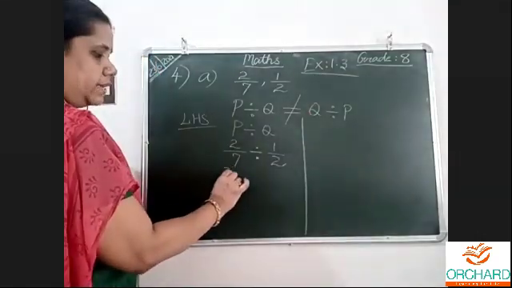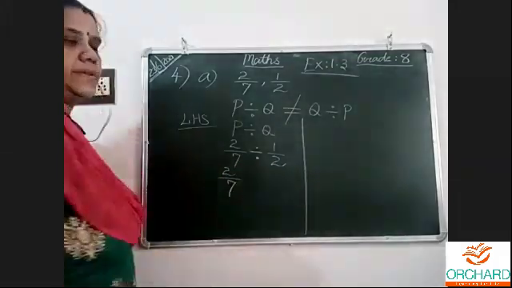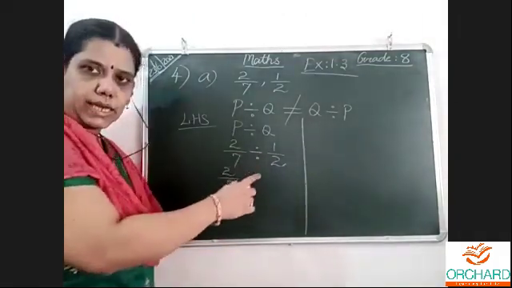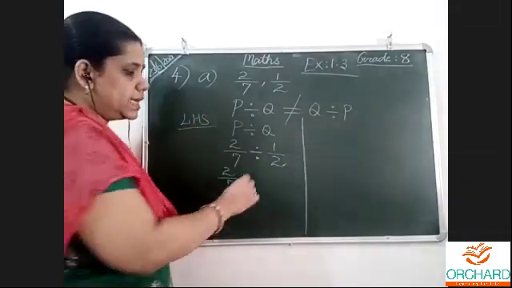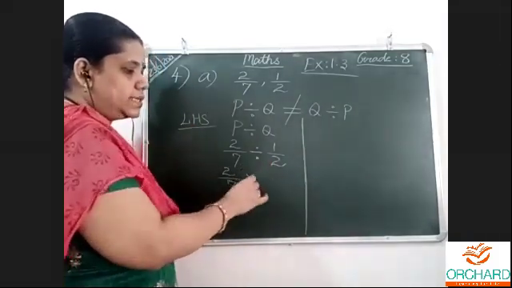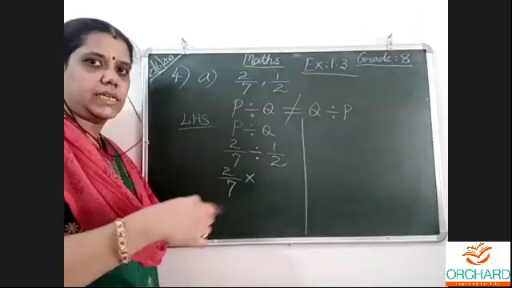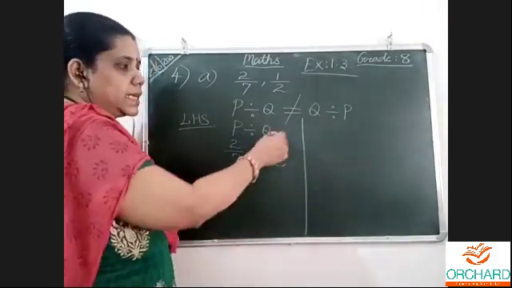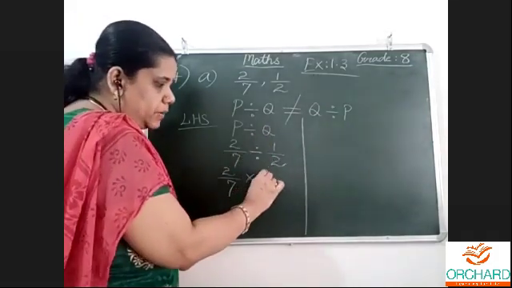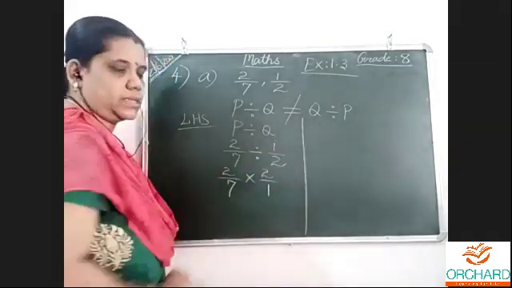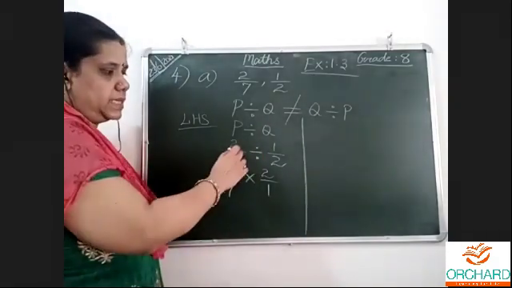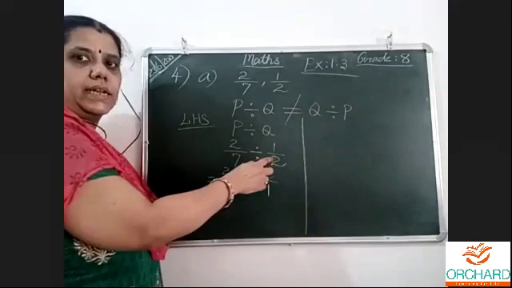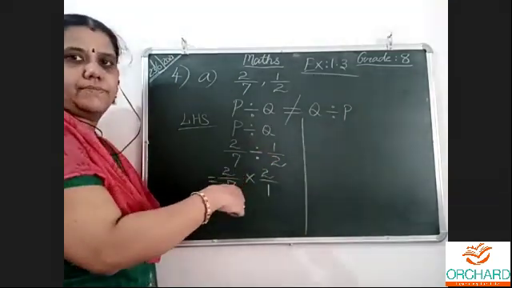Whenever we want to divide, we cannot do the cancellation directly. For cancelling, I need to change the operation. The second number will become the reciprocal. We already said this, again I am repeating: first number, sign change, the second rational number reversed.